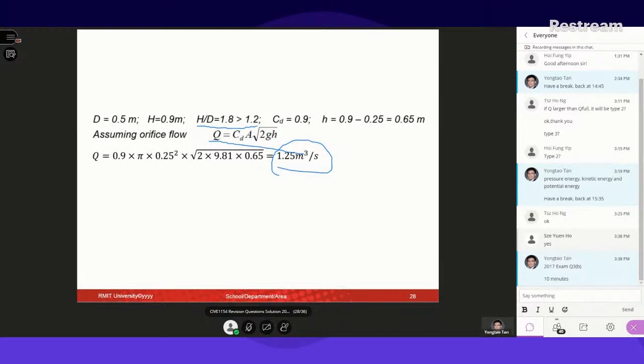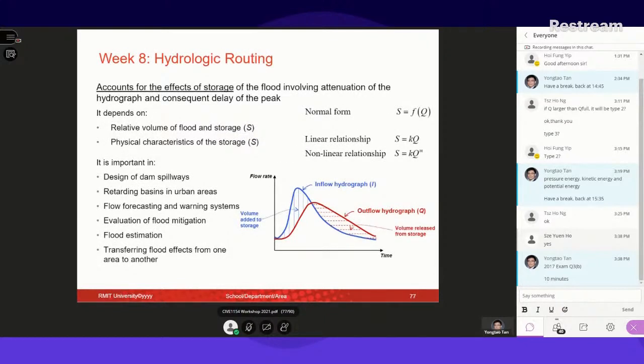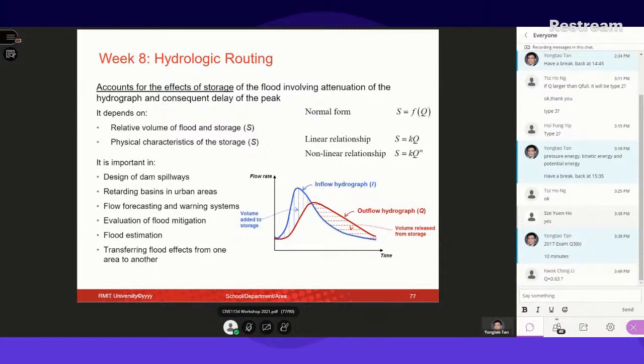Okay, if no further questions, we move on to the routing. Week 9 is for hydraulic routing.